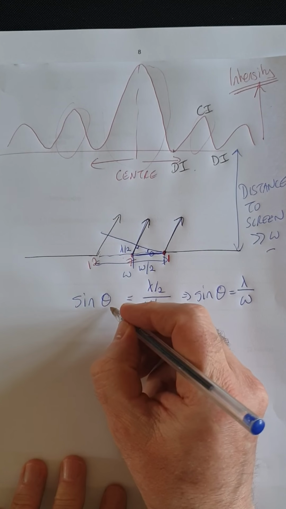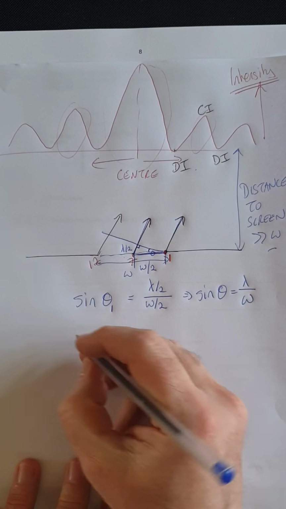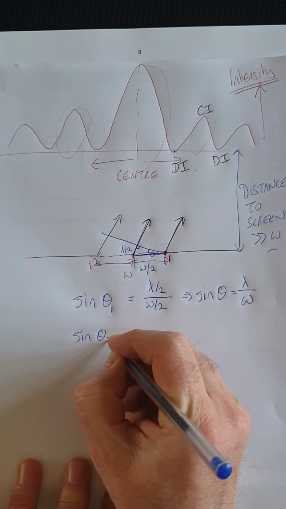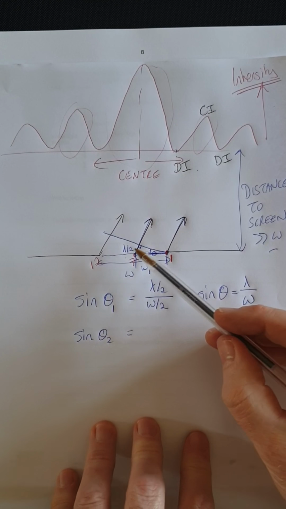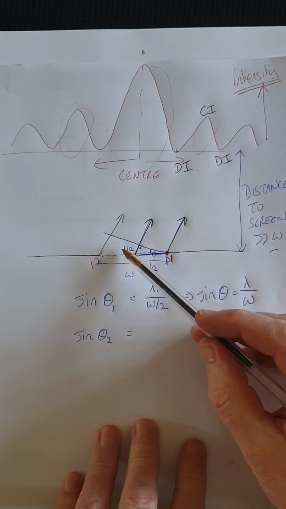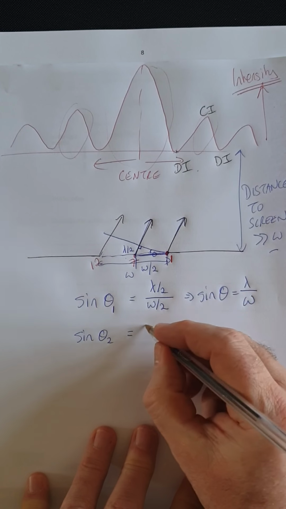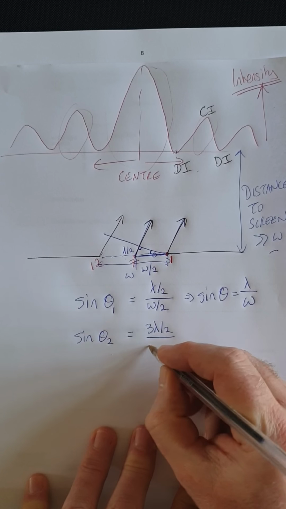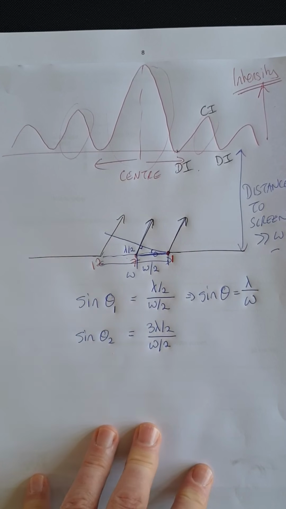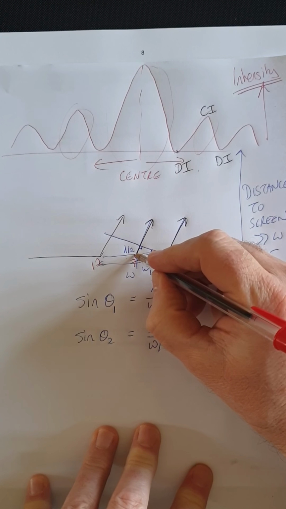Then let's call that angle 1, and for angle 2, that's going to be where the path length is now 3 wavelengths over 2. That would be where it's gone this direction.